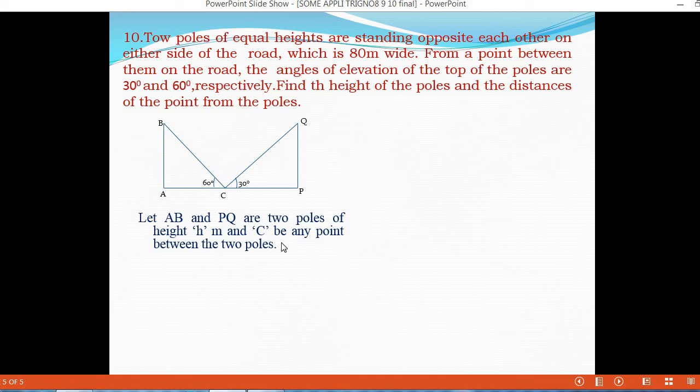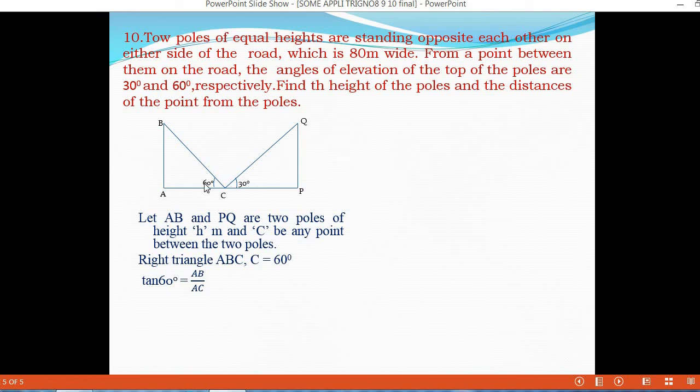AB and PQ are the two poles of height H meter, and C is the point between the poles on AP. So in the right angle triangle ABC, angle C is equal to 60 degree.